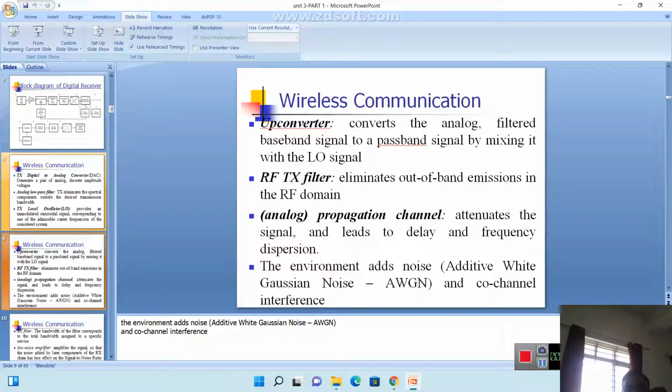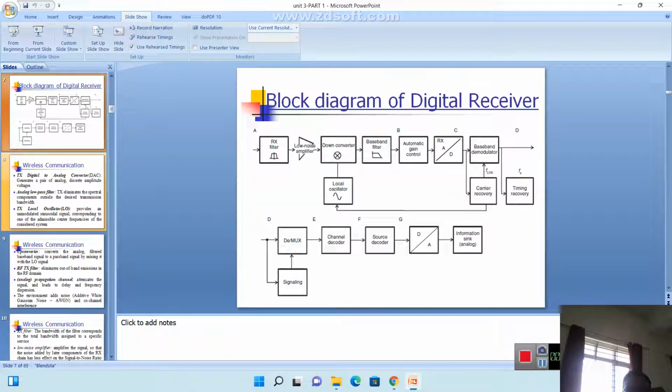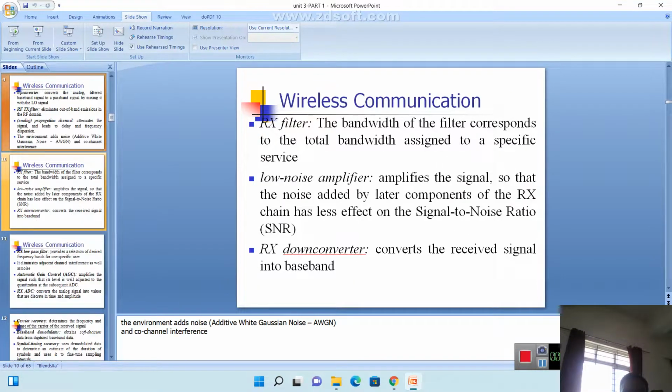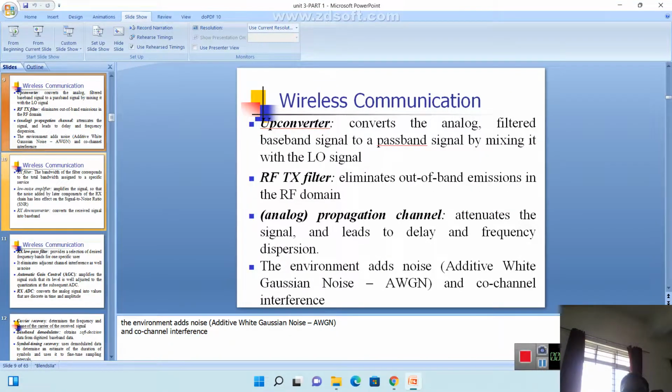Then the up converter, on the transmitter side, converts the analog filtered band pass signal by mixing it with the LO signal. Second, the TX filter eliminates out-of-band emissions in the RF domain.